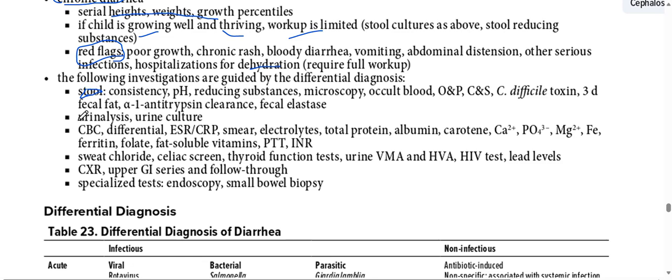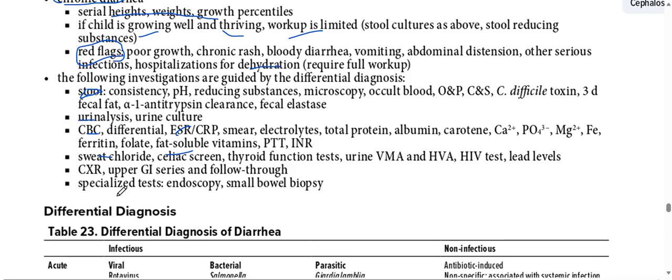Then urine analysis and urine culture, and all the blood tests: CBC, ESR, CRP, electrolytes, total protein, albumin, calcium, potassium, and PT, PTT, INR. Then the sweat chloride test, celiac screen, thyroid function test, urine VMA, HVA. Of course, we don't have to do all these investigations in a single infant.